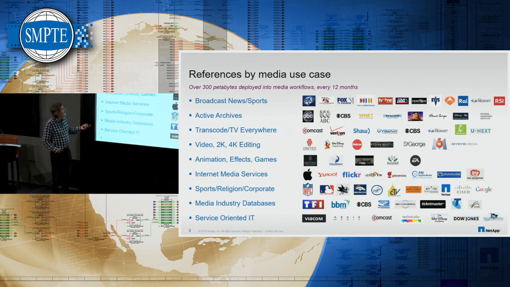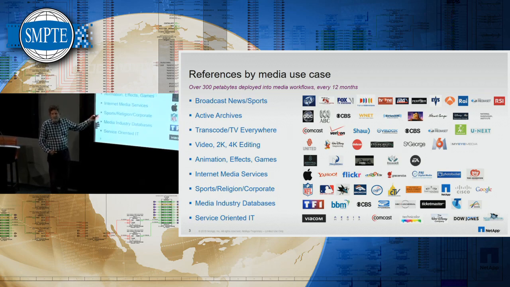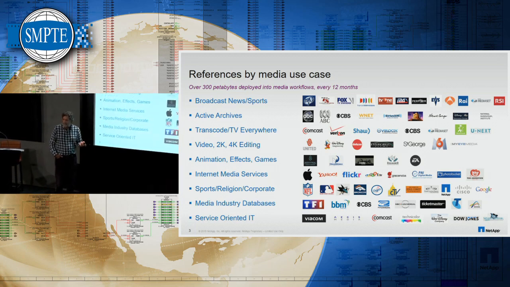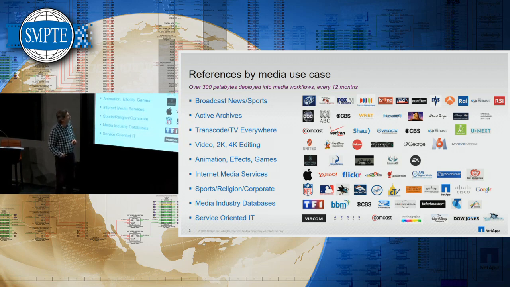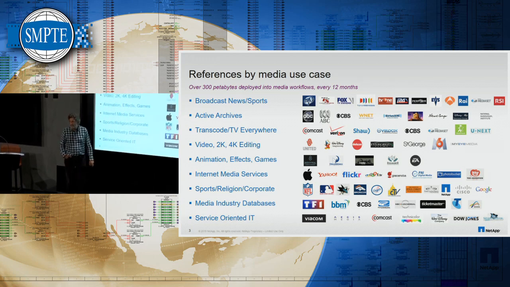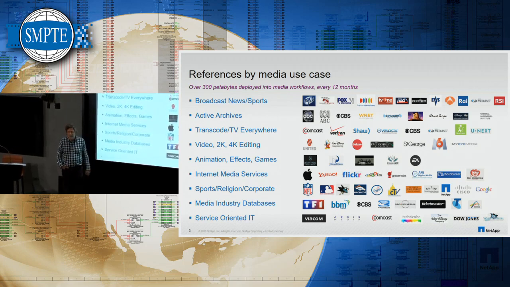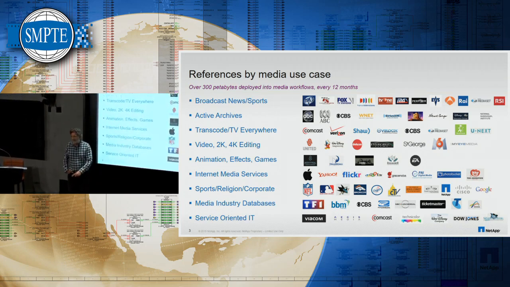They vary from very common broadcast news and sports, typically 50 megabit a second type stuff for HD, which we might think of as relatively highly compressed, not as compressed as when you go to distribute the content, but pretty darn compressed, certainly compared to anything you might do in a video post-production house, where you could be working at anywhere from 220 megabits a second to well over a gigabit a second and beyond. We talk about 4K, but we've got a lot of houses that are working at 6K and occasionally 8K.